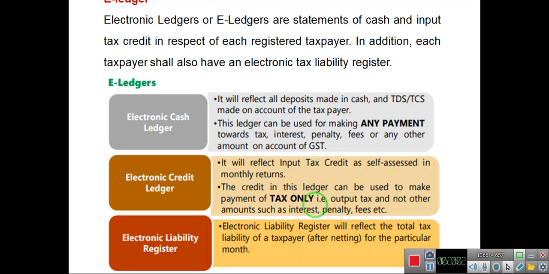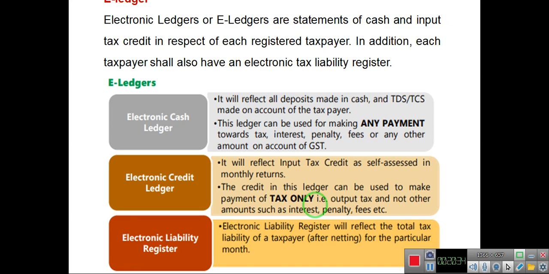Now three types of e-ledgers are prepared under the GST payment process: electronic cash ledger, electronic credit ledger, and electronic liability register. The electronic cash ledger will reflect all deposits made in cash and TDS, that is tax deducted at source, and TCS, that is tax collected at source, made on account of the taxpayer.